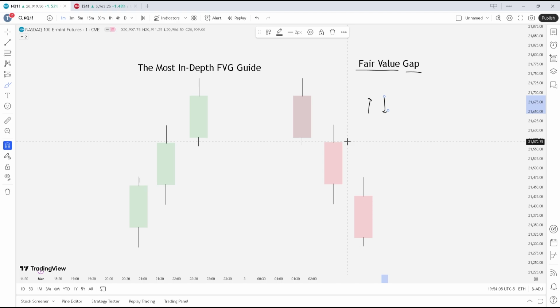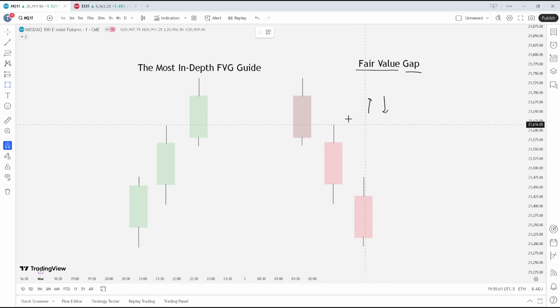But when there's a gap in the fair value, that means that there is either an excess of buyers or an excess of sellers. So there's a lack of fair value within this certain gap in the price range.